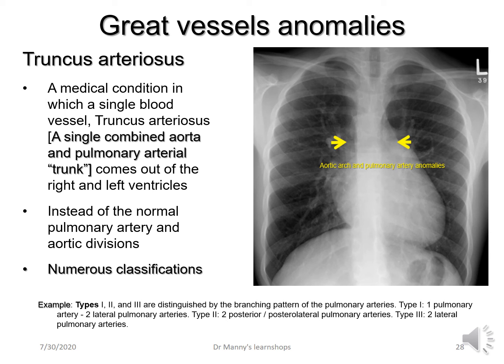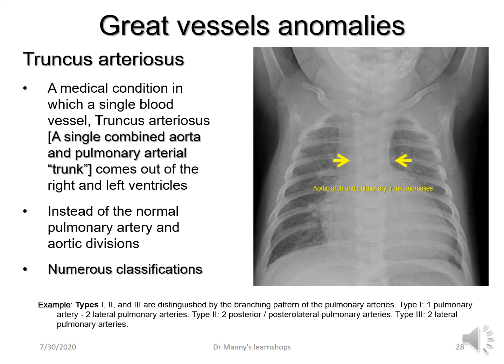Echocardiogram, CT, ultrasound, all investigations that could be considered. Aortic arch and pulmonary trunk anomalies could be identified on chest X-ray, which will lead to further investigations.